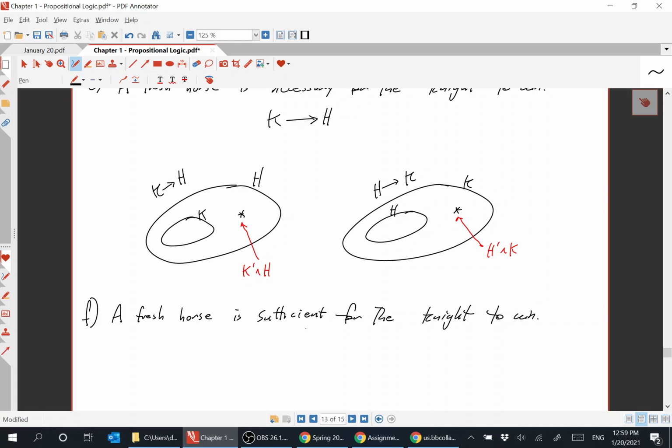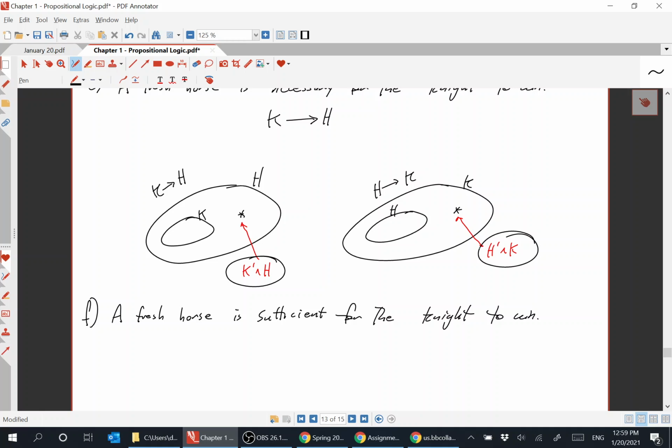All you need is a fresh horse, and it will suffice that the knight wins. All right, so which one contradicts that?